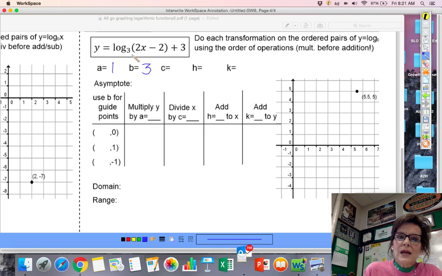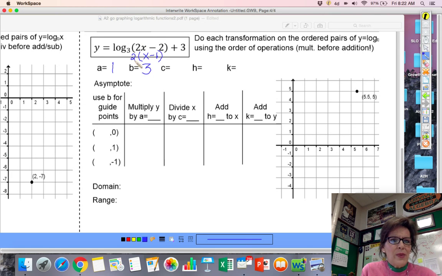So when we pull out the 2, we're left with x minus 1 in the parentheses. And now the argument, that is the thing that we're taking the log of, jumps out at us in that pattern form, and we can identify that c is 2, and that h, our horizontal transformation, is actually plus 1.